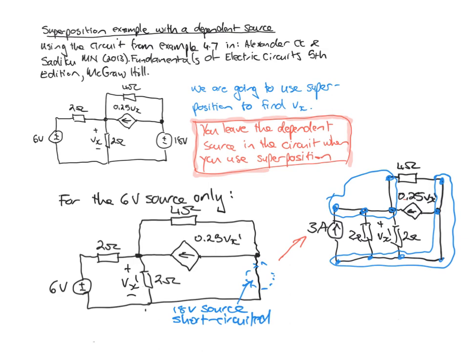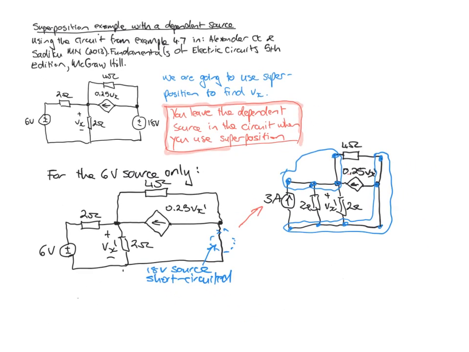And then you see we can draw this circuit like this. So we've got the 3 amp source. And then we've got the two ohm resistors in parallel with each other. So that's 1 ohm, and this is still Vx dashed.